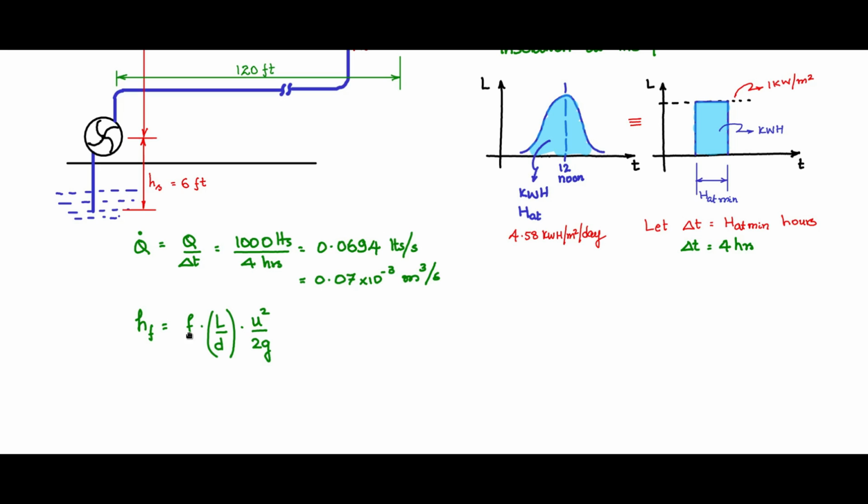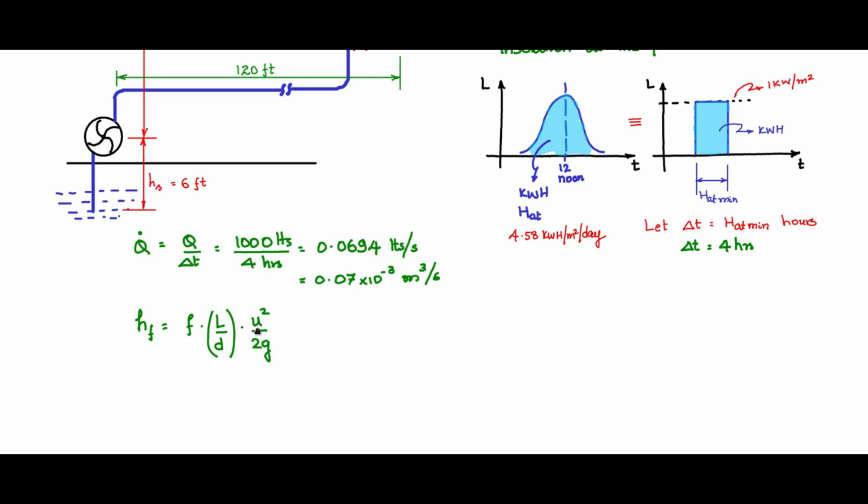F is the friction factor. You will have to go through the same sequence of finding the Reynolds number and the roughness ratio. In this case, roughness ratio is 0, and then appropriately find F using the Colebrook equation. L and D are known, same values.